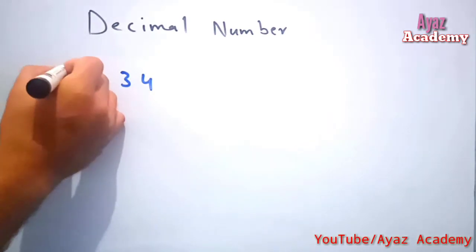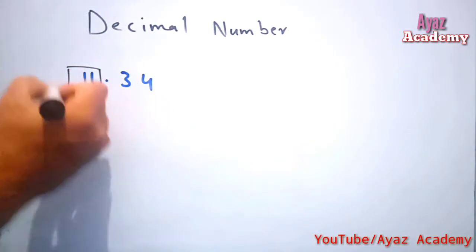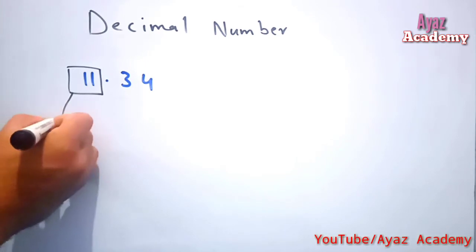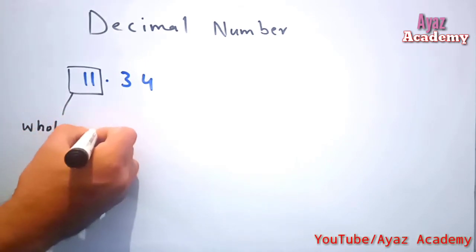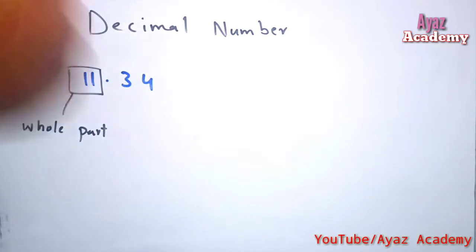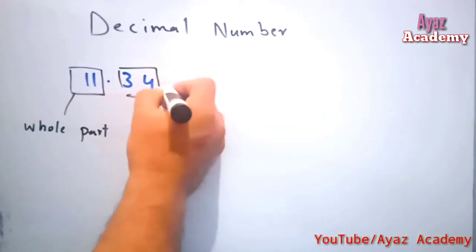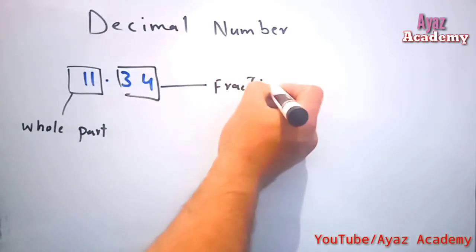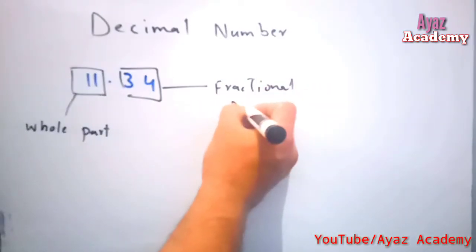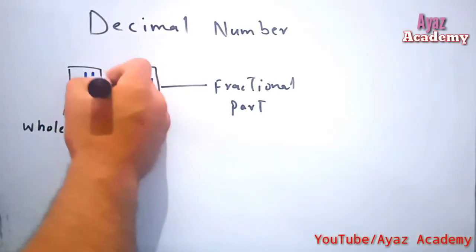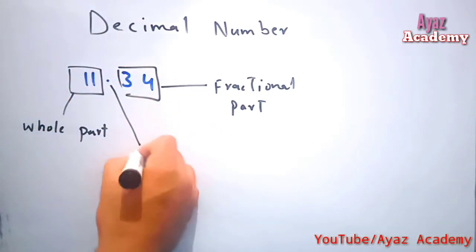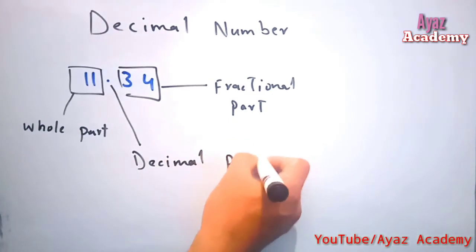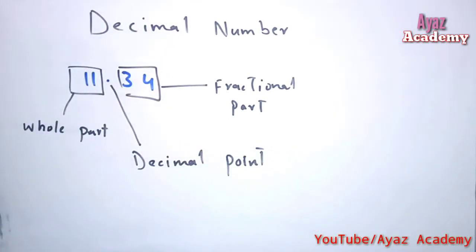Here this part is called the whole part, this part is called the fractional part, and this dot is called the decimal point.